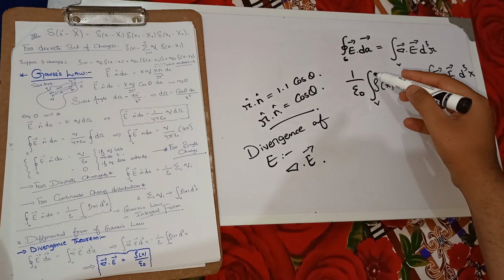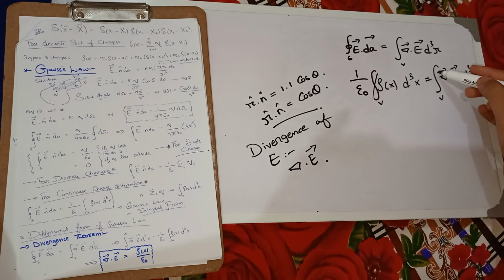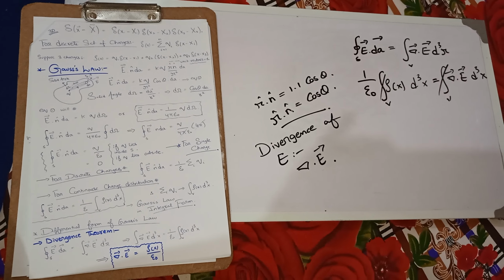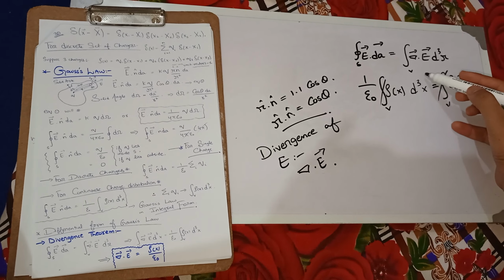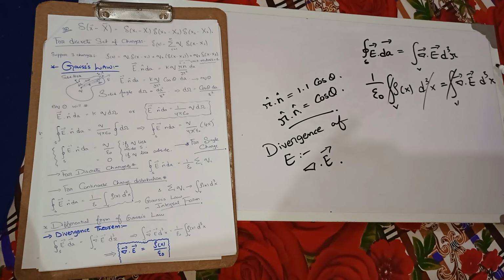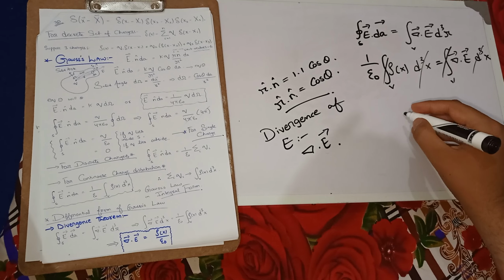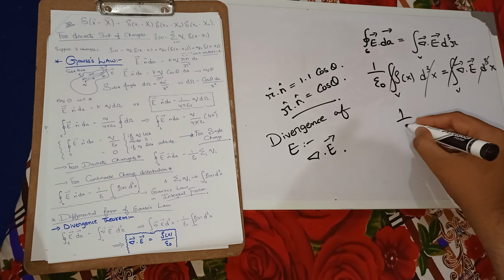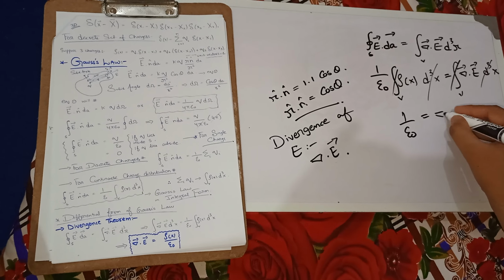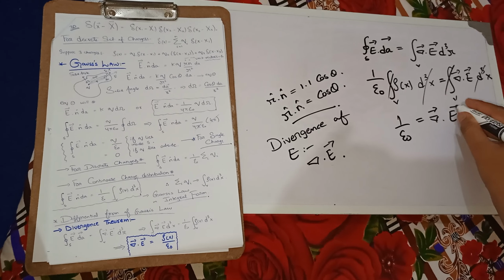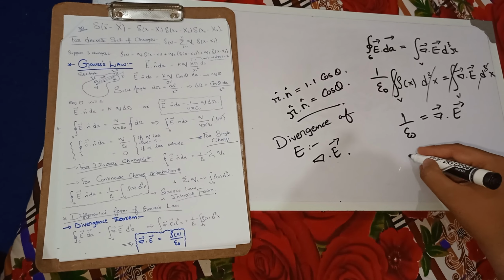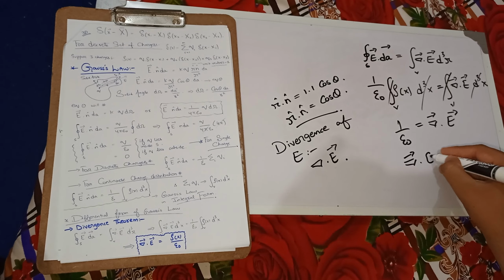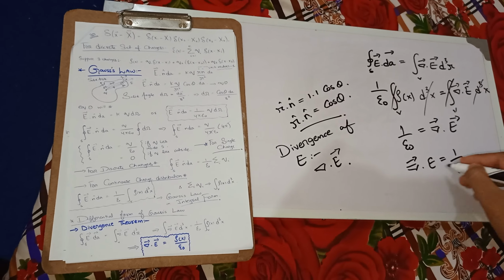So this volumetric integral cancels with that volumetric integral, and d^3x cancels with d^3x. You are left with del dot E equal to rho by epsilon naught.